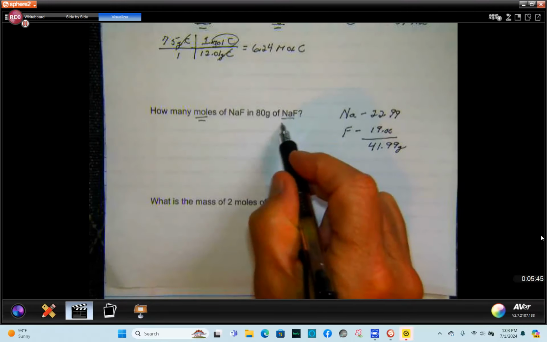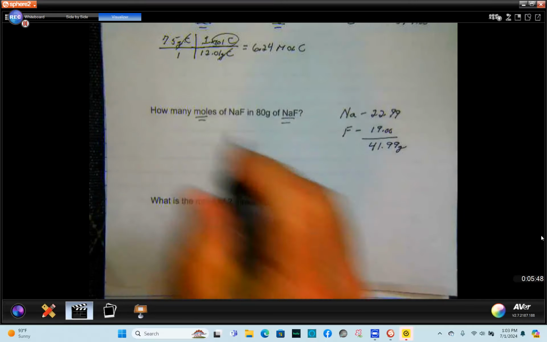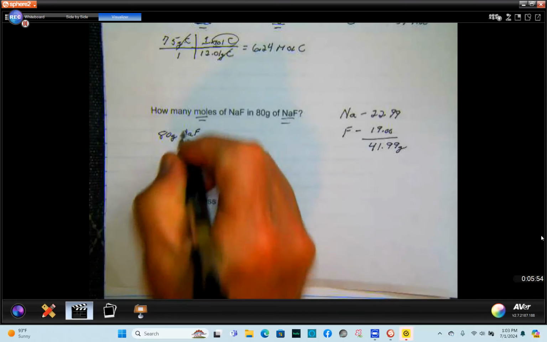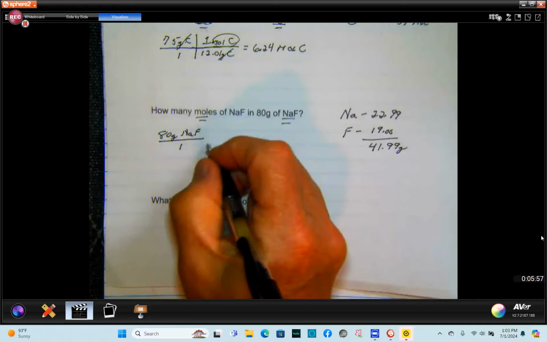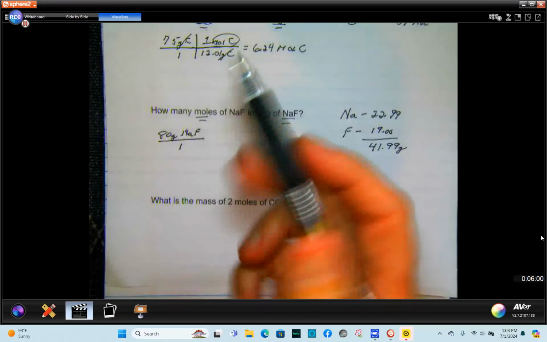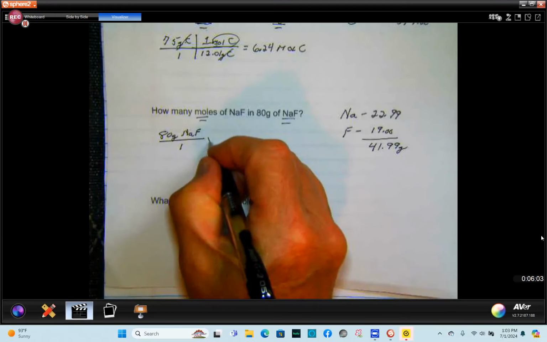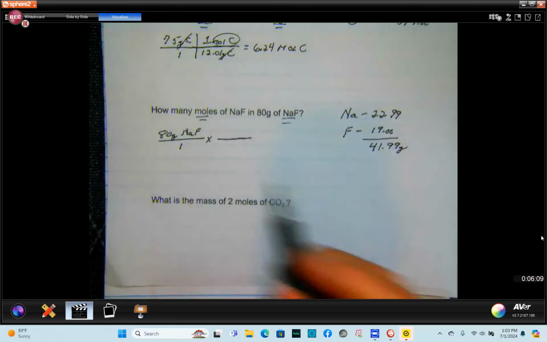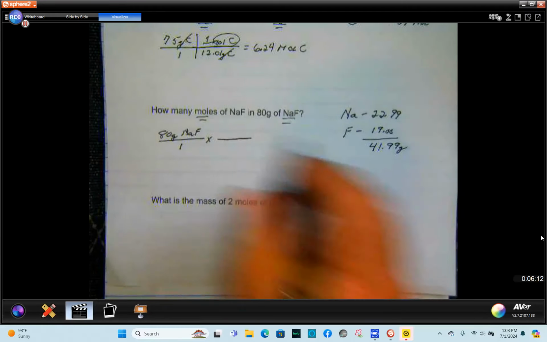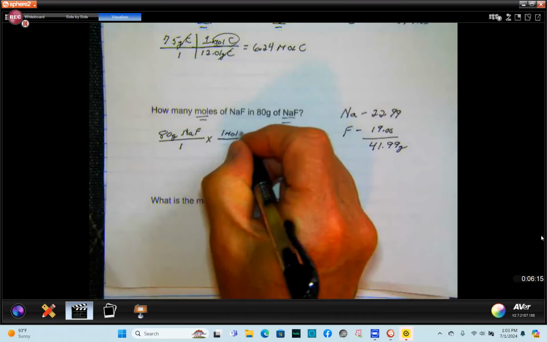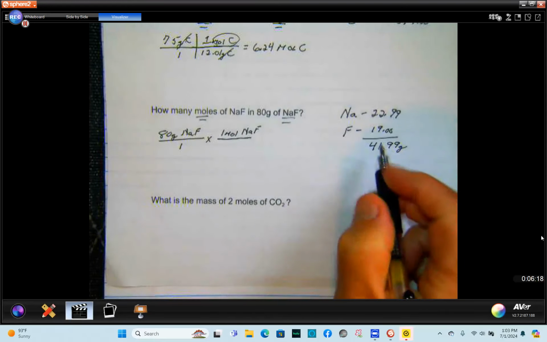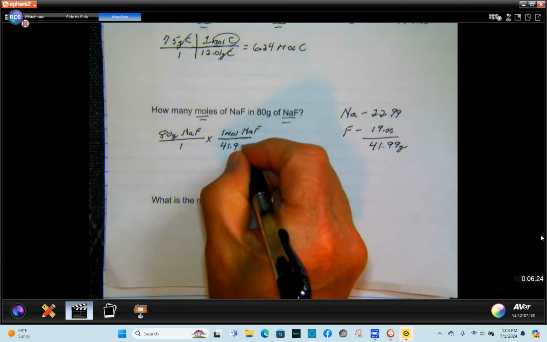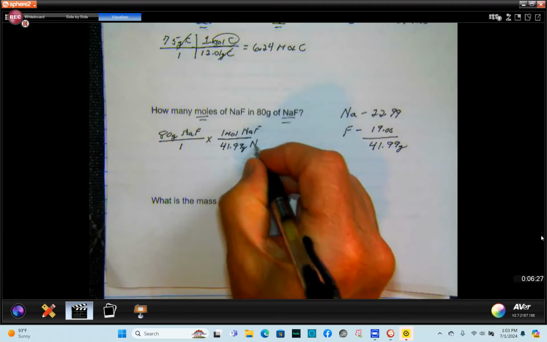Now we're looking at a compound here. So let's start with what we have. We have 80 grams of sodium fluoride. I like to put those over one. I'm going to use the multiplication sign. If you want to use the vertical lines like the problem above, that's fine also. Well, we have grams in the numerator, got to have grams in the denominator. Well, we know 1 mole of sodium fluoride has an atomic mass of 41.99 grams of sodium fluoride.